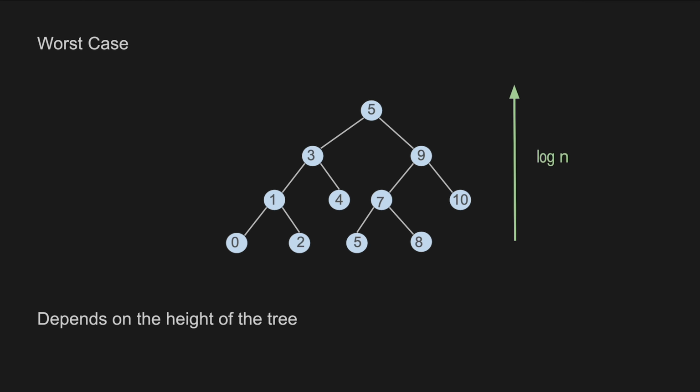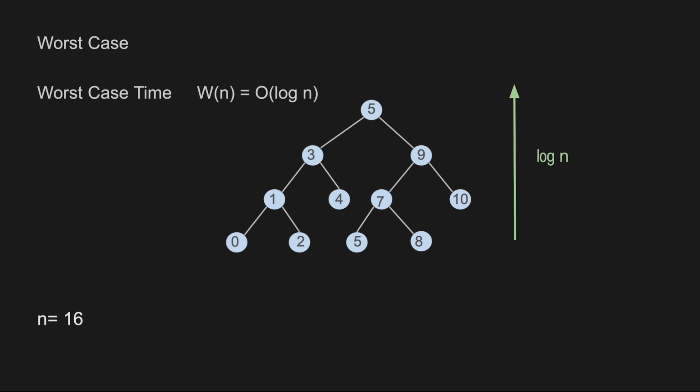The height of a height-balanced binary search tree is log of n. So the worst case time is O(log n), where n is the number of elements in our list, and it represents the maximum number of comparisons that the algorithm performs until it finds the element. So if our list contains 16 elements, then the maximum number of comparisons will be 4.